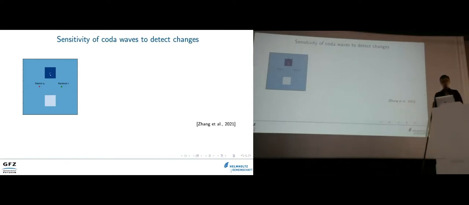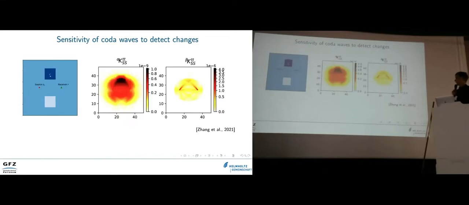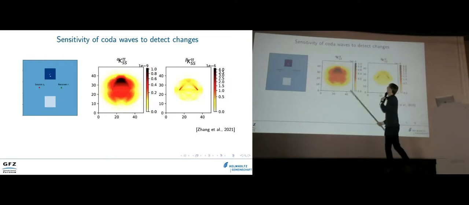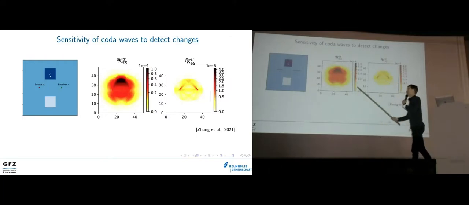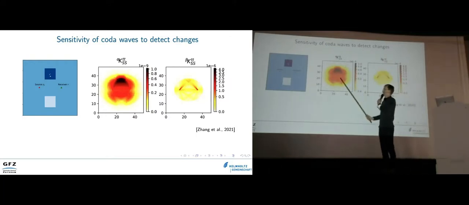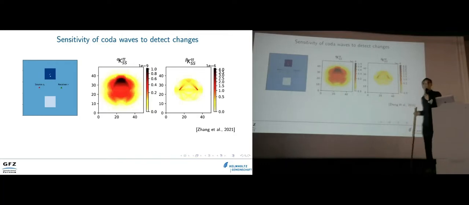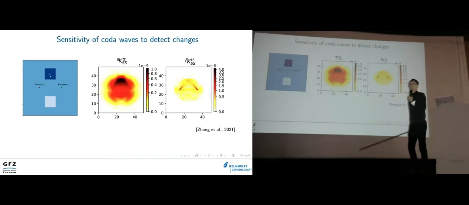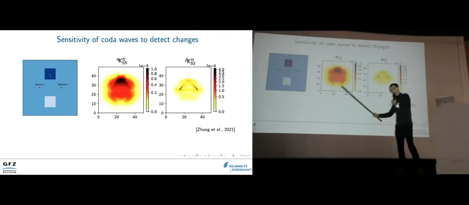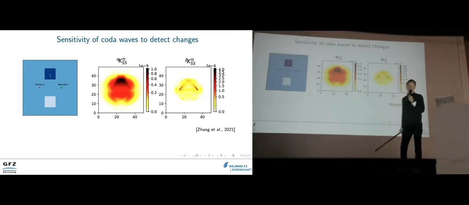I will not show you in detail how these kernels are calculated, but the bottom line is that this kernel describes the influence of the P wave velocity on the travel time from an S source and sensed S energy. So it's quite detailed information that we would need to really use this kernel. But in fact, it is somehow included in the overall measurements that we will do.